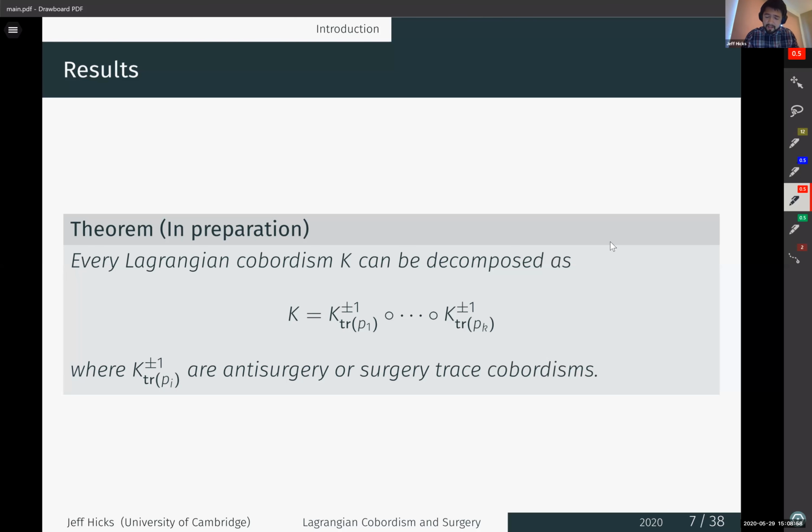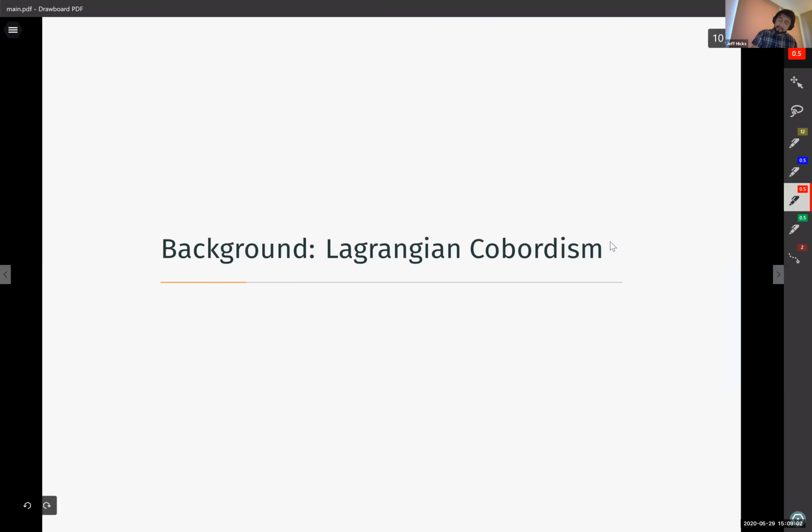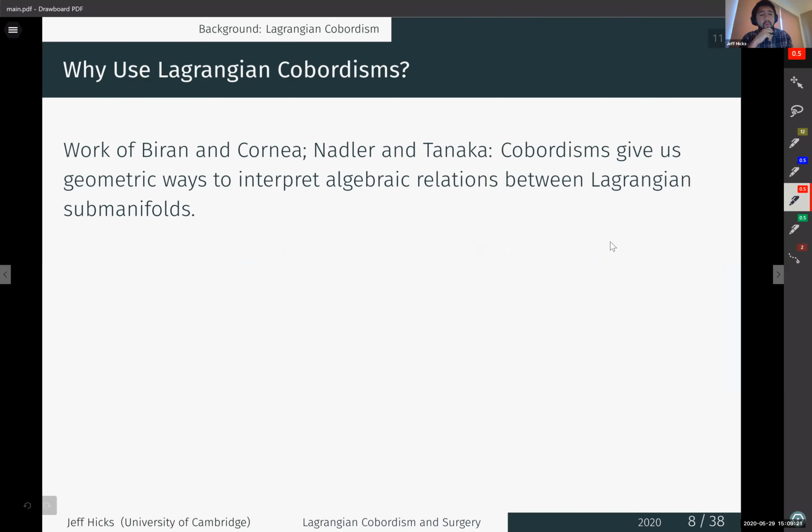So before we get into talking about the proof of this theorem, I want to motivate why we would want to study Lagrangian cobordisms. And this motivation will also give us some examples to work on, which will give us intuition for the proof. So why do we use Lagrangian cobordisms?